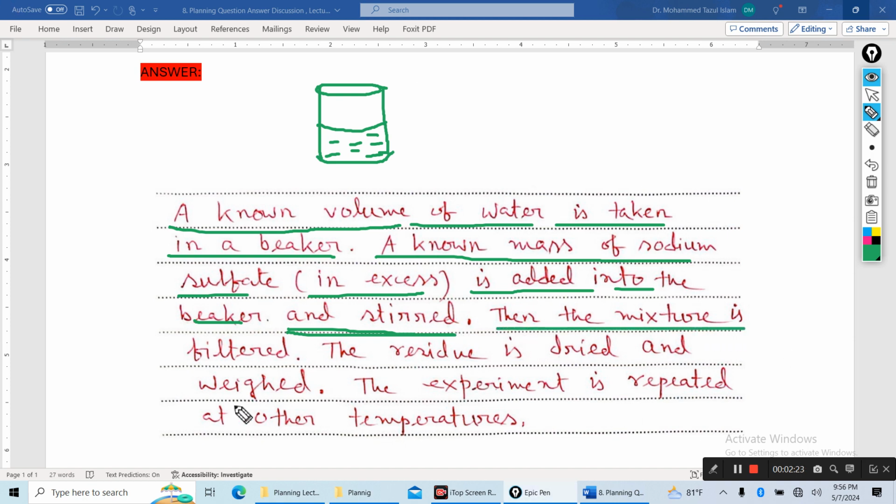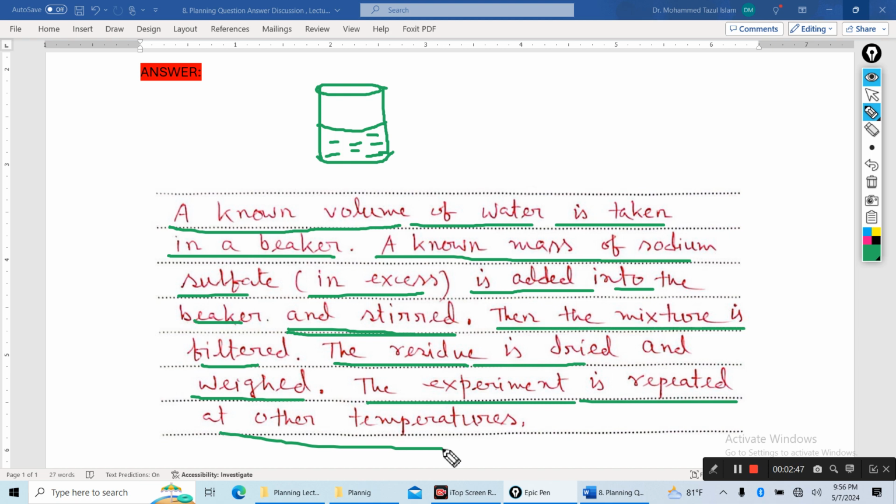Then the mixture is filtered, the residue is dried and weighed. The experiment is repeated at other temperatures.